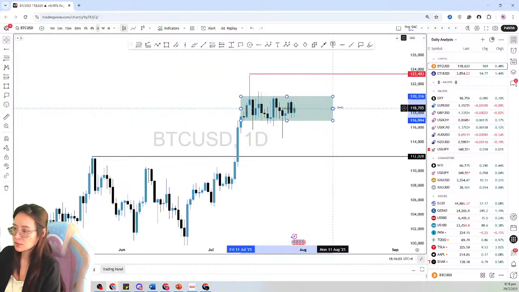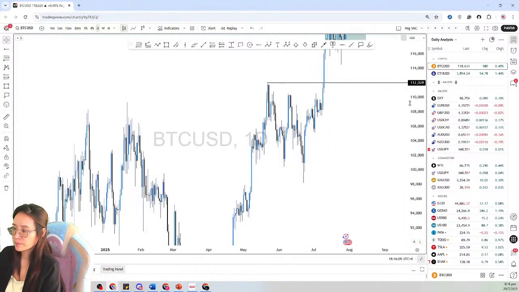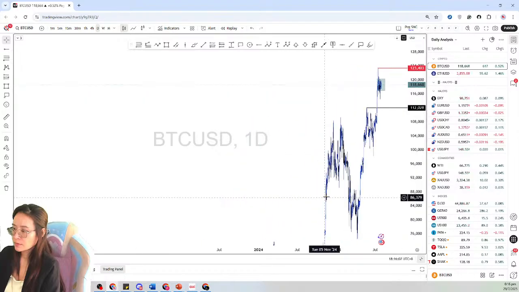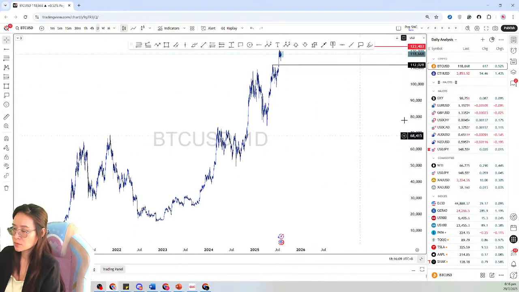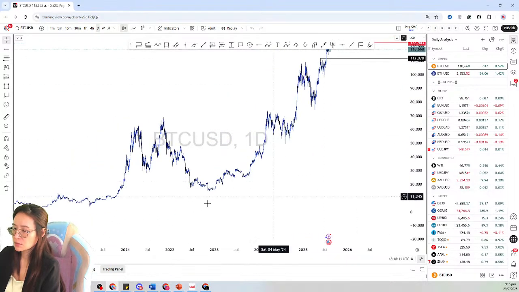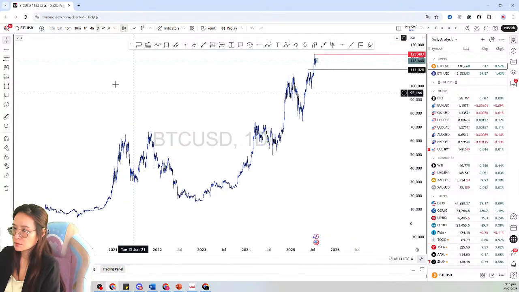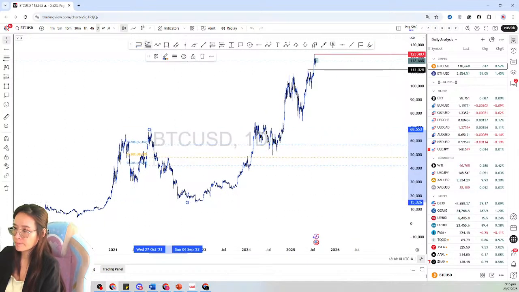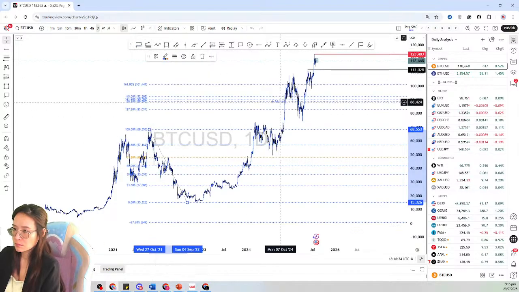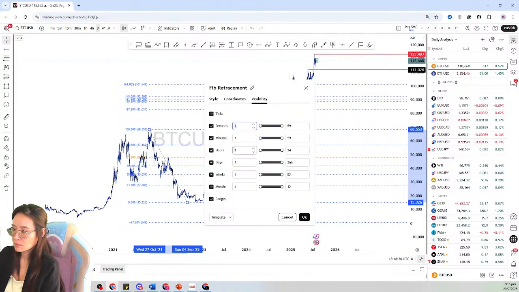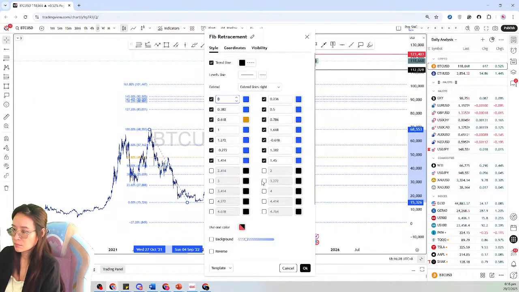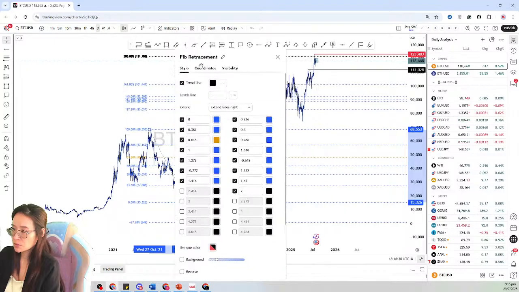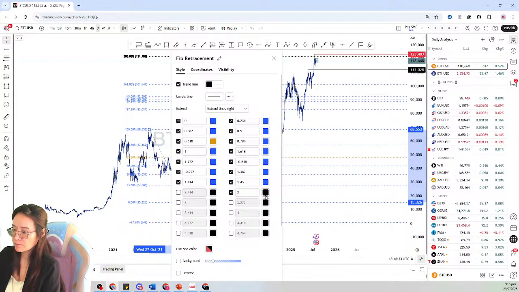Actually there's a sideways range here. I think you might already see the pullback. $200, it's already 200.